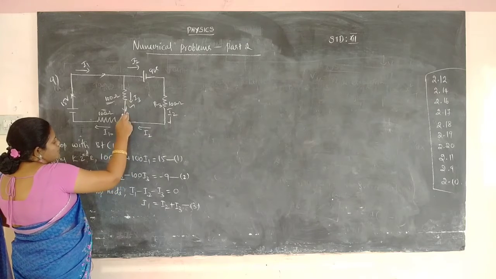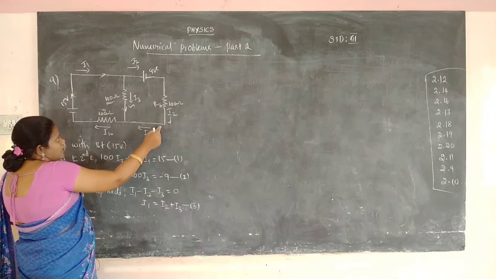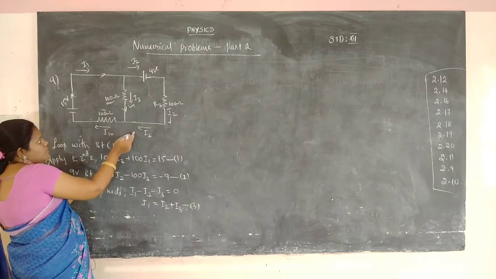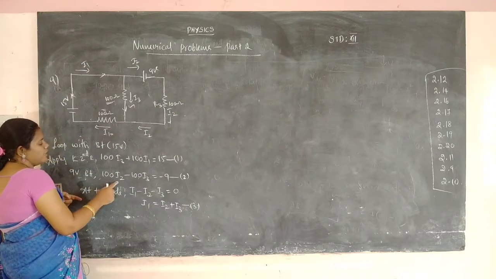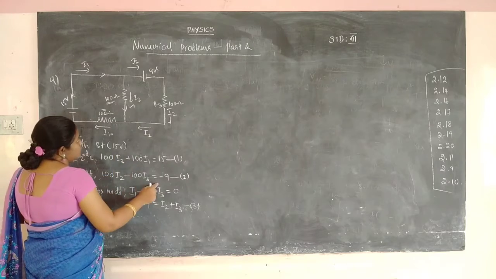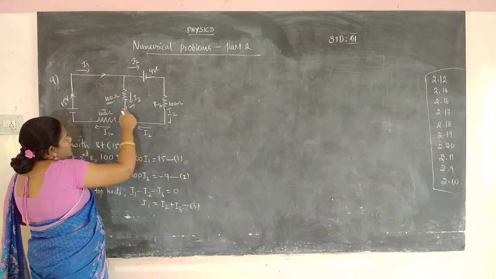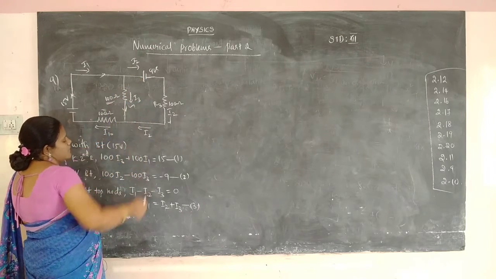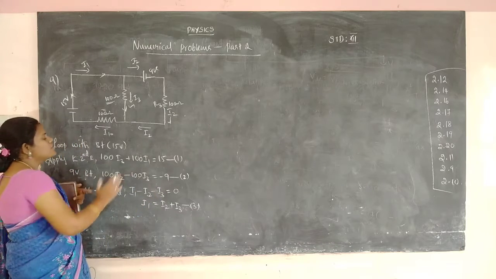The direction is opposite: this current flows to the left, but the other flows downwards, so it takes a minus sign. So 100 I2 minus 100 I3 is equal to minus 9, because the battery is also in the opposite direction to the current.